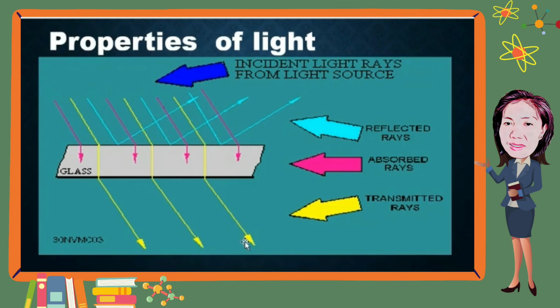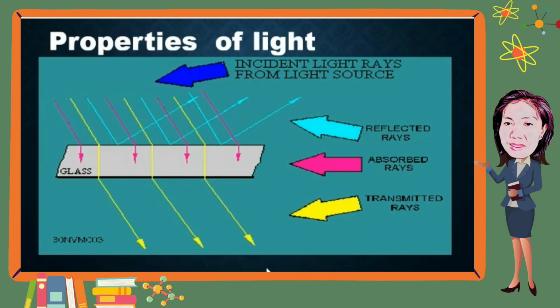Transmit naman, meaning it will pass through from one object to another, and then lalabas na naman yung lights. Usually, mangyari ang transmitted sa mga translucent na mga object like glass, okay, mga windows. Dyan na case mag-transmit ang light.